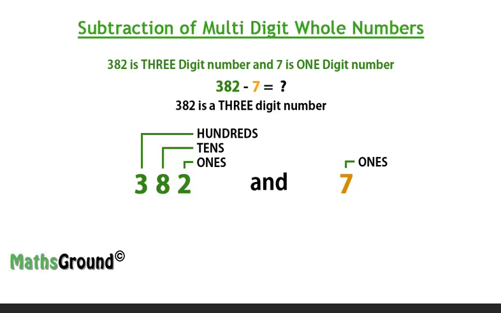382 is a 3-digit number. 7 is a 1-digit number. 382 is greater than 7.